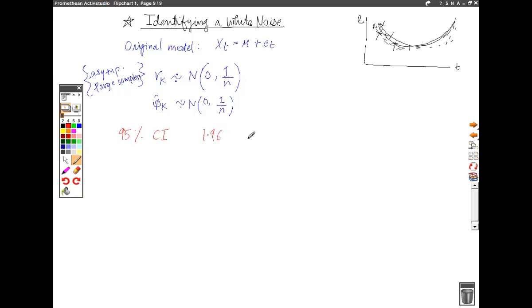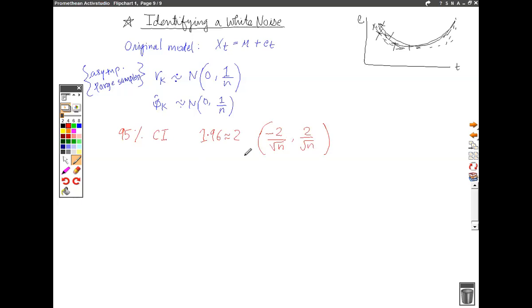So I will have a range: -2 upon square root of n and 2 upon square root of n, because the mean is 0 here. In your book, they have just approximated this to 2 instead of 1.96. It's equally fine if you write 1.96, in fact it will be more accurate, but for standardized purposes what you have taken here is 2.